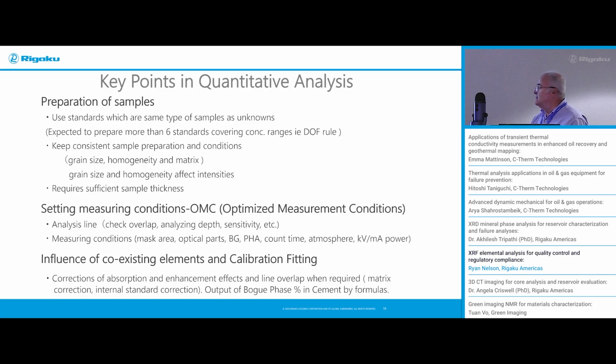So you have to declare all of the elements typically or know enough that they don't have an influence on overlapping elements. And of course, in cements, we don't do the phase analysis, but we could put in Bogue calculations, give you some of the phase characteristics in the system.